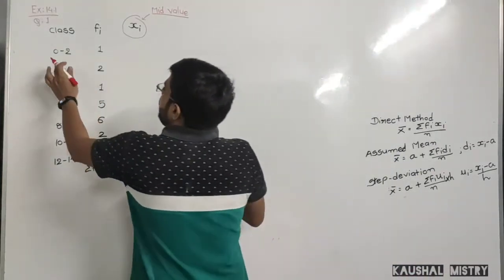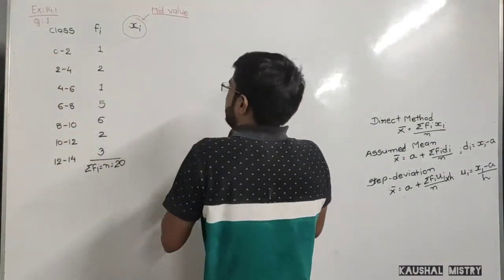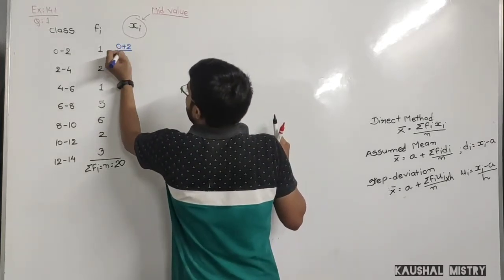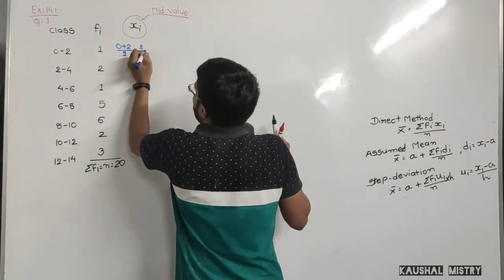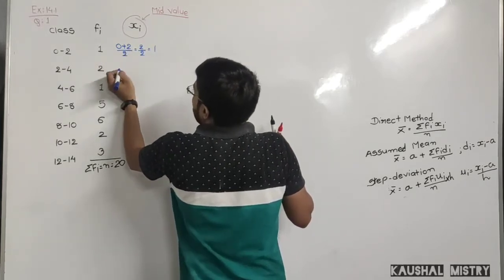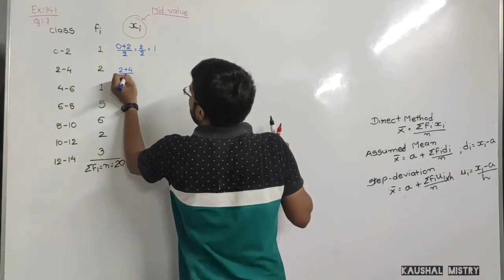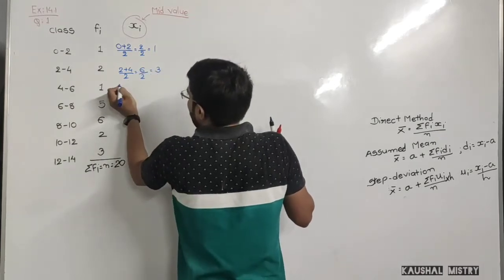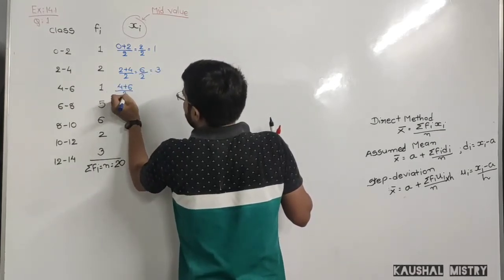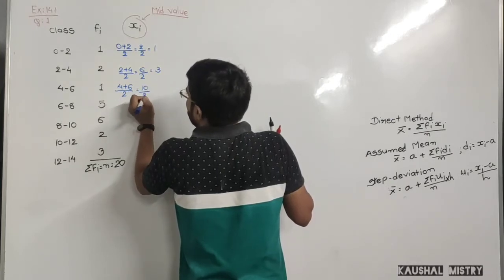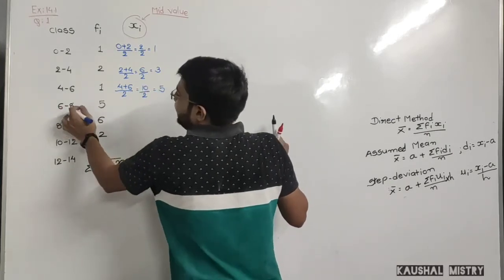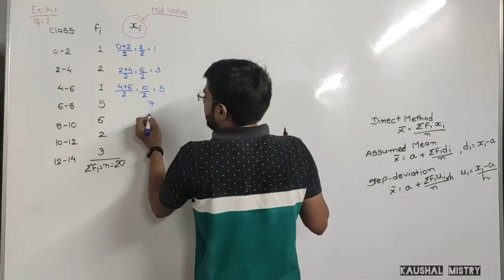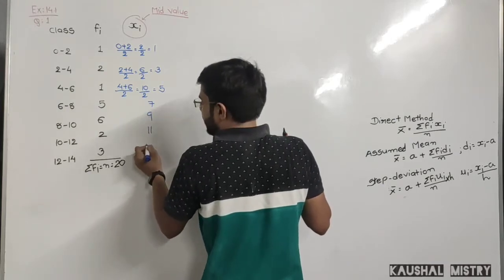Simple. 0 plus 2 divided by 2 is 1. 2 plus 4 divided by 2, 6 by 2, is 3. 4 plus 6 divided by 2, 10 by 2, is 5. 6 plus 8 is 14, divided by 2 is 7. Then here it will be 9, 11 and 13.